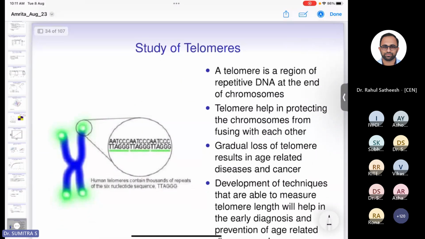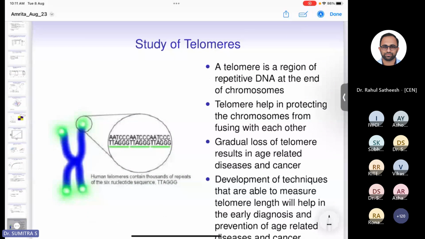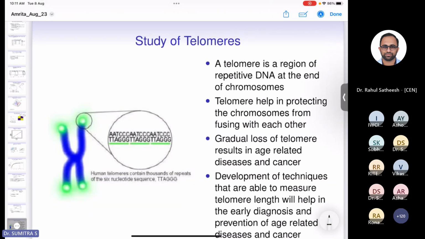It has a number of applications. For example, we collect data from blood cells, as in the study of telomeres, to detect whether cancer is there. No Y part will be there.